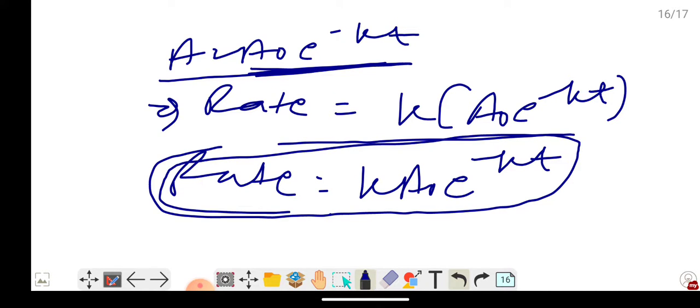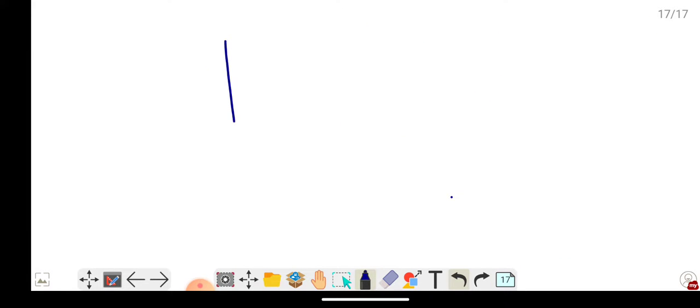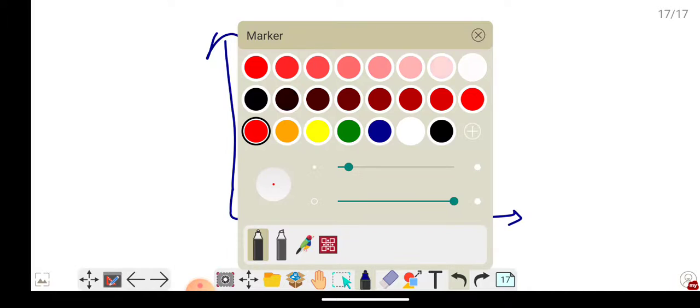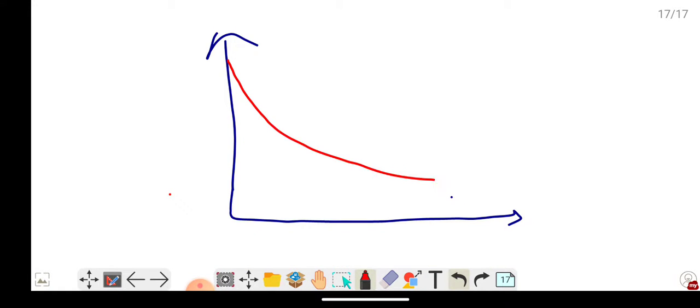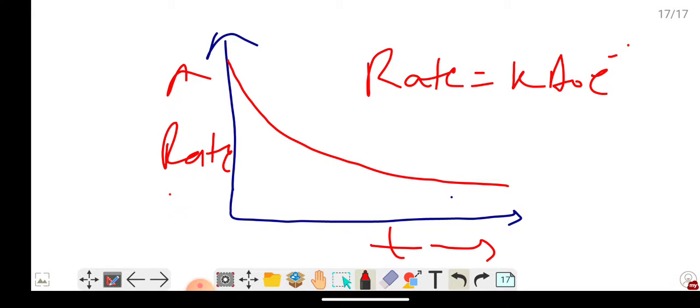So again this equation is like the previous equation. So the graph is also like this, and it doesn't touch the time axis. Here time and here rate, and this follows the equation rate is equal to K A naught e to the power minus Kt, and here it is K A naught.